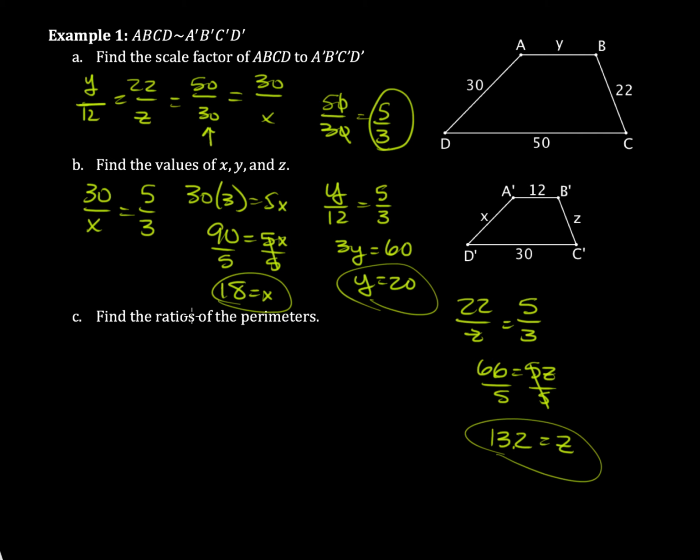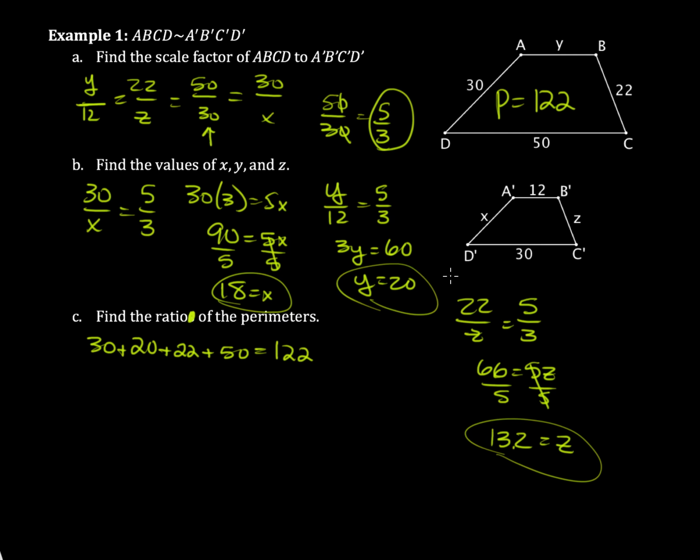The ratio, really shouldn't be an S right there, the ratio of the perimeters. Well, what's the perimeter of the big shape? It's going to be 30 plus y, which is 20, plus 22, plus 50. What's that come out to be? 122. So my big shape has a perimeter of 122.